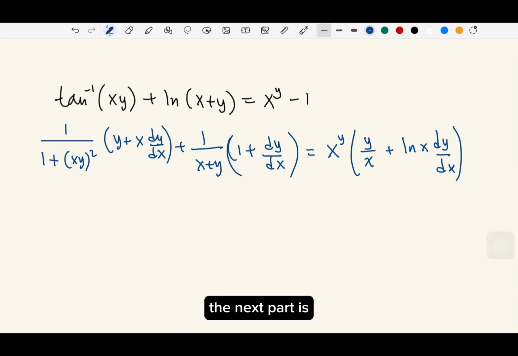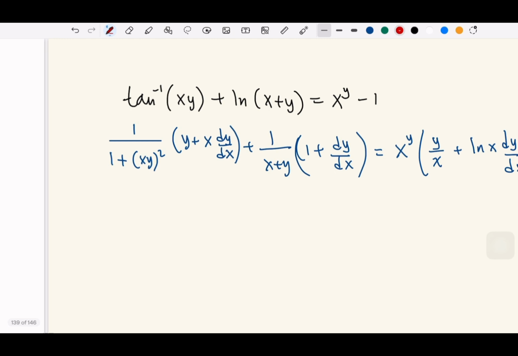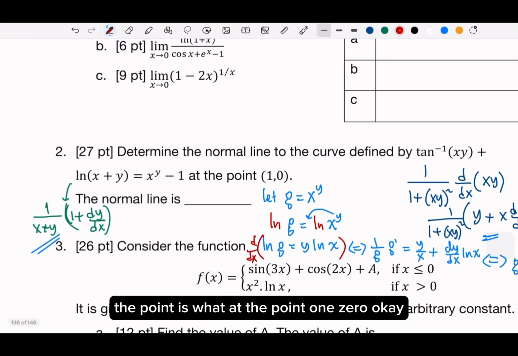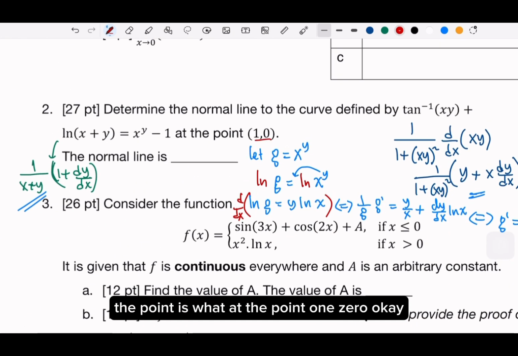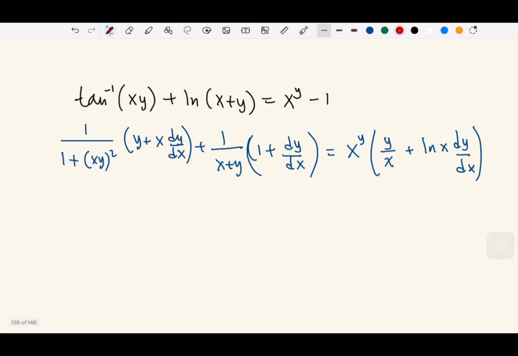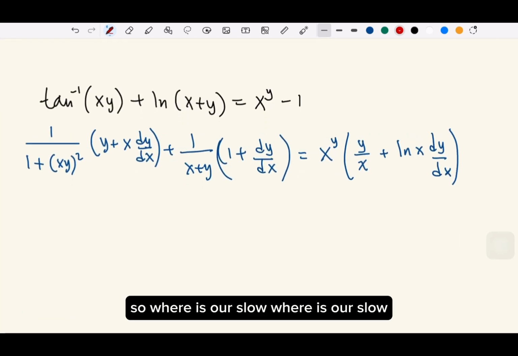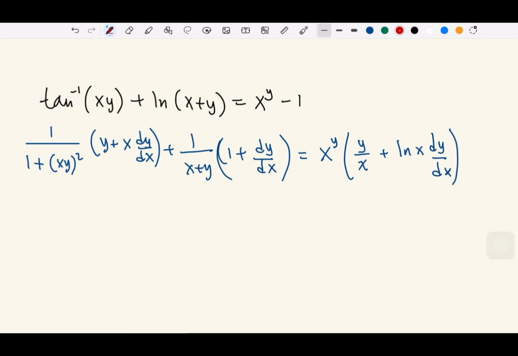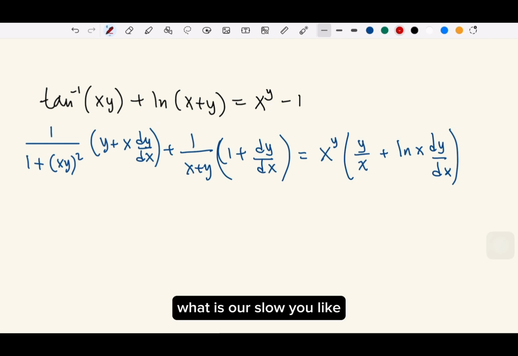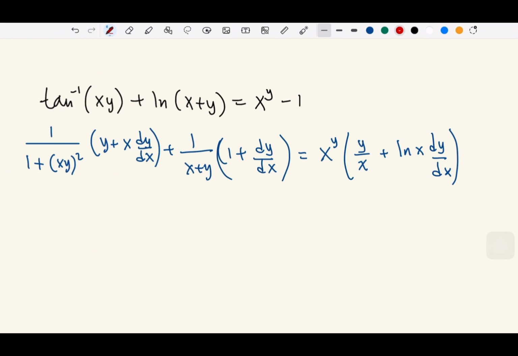The next part is the point, what is it? At the point 1, 0. Okay. So what is our slope? dy dx, right? Inside here.